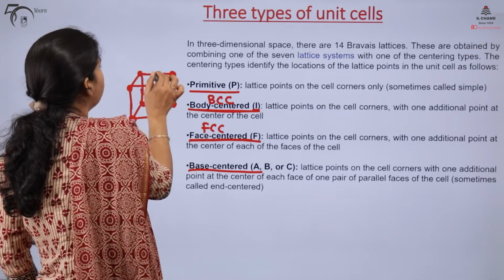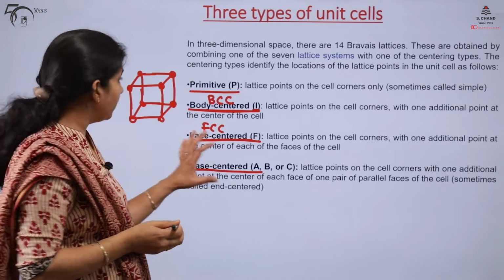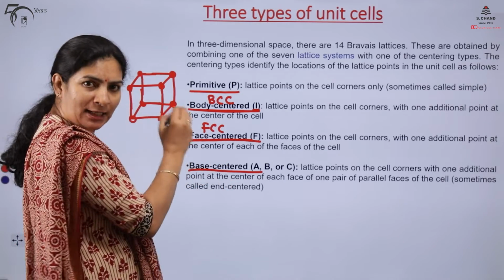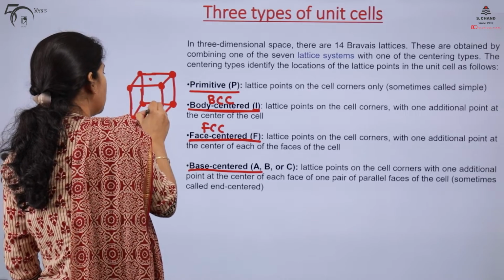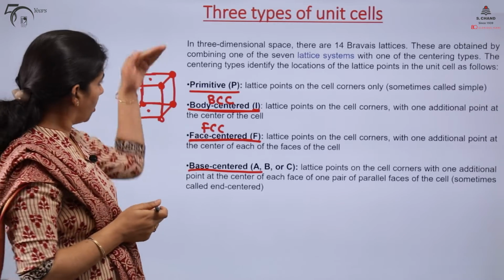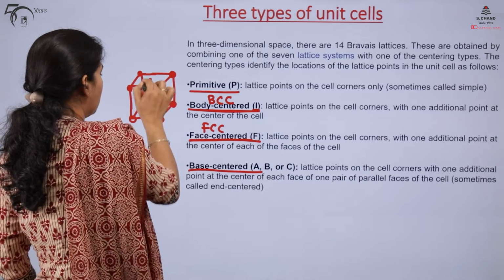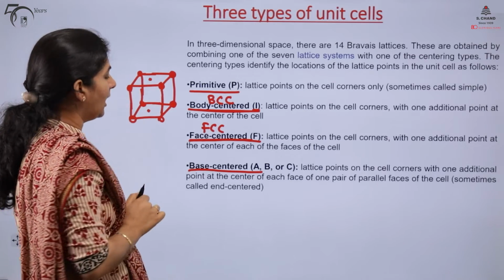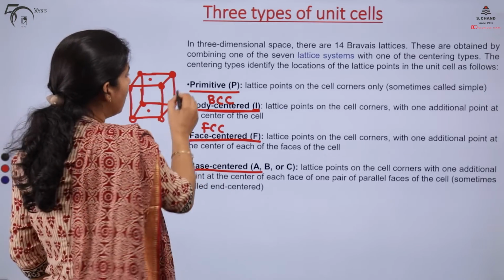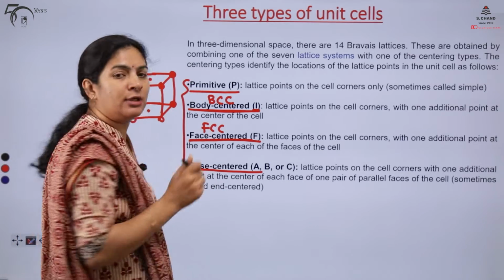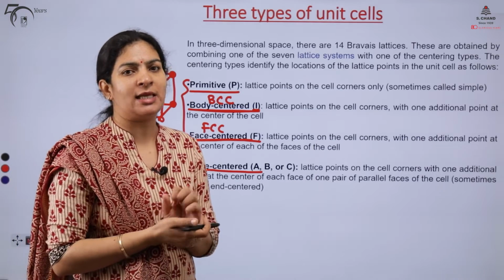This is slightly different from face centered, as apart from the atoms at the corners, there are atoms on two opposite faces. We have one at this face and one at this face. So this becomes your end centered. These are basically four types of unit cells.